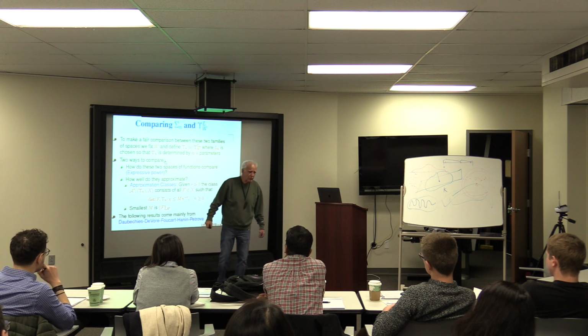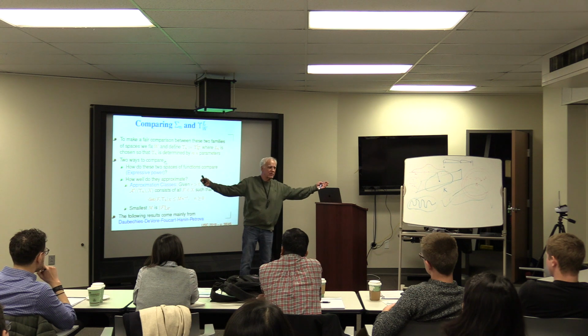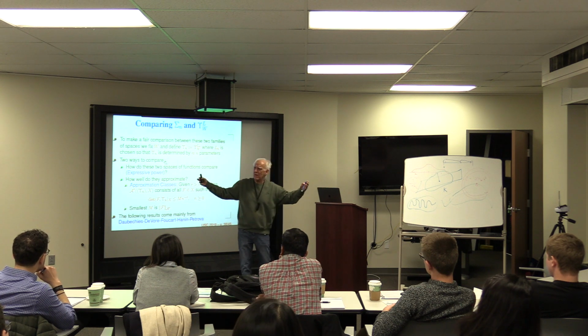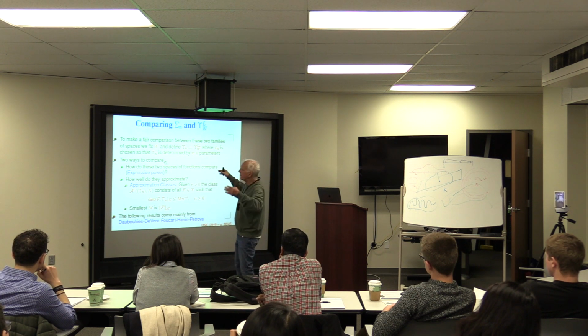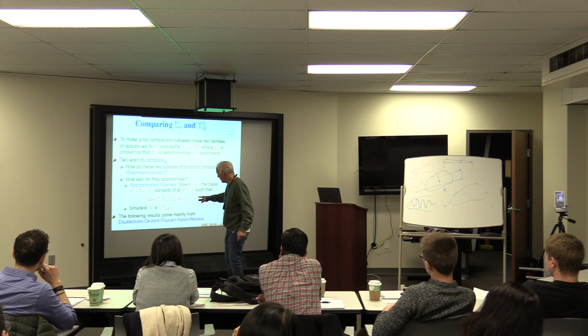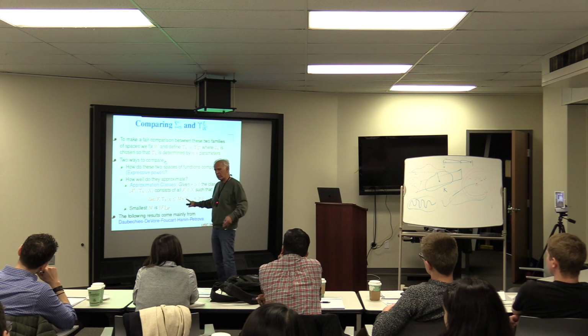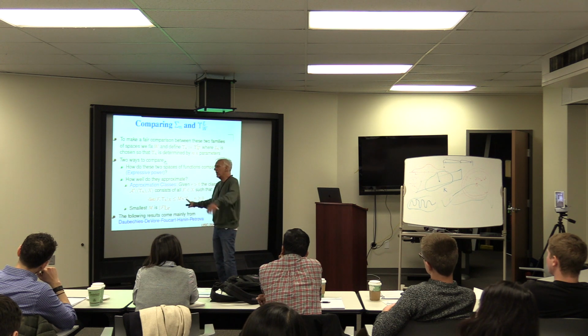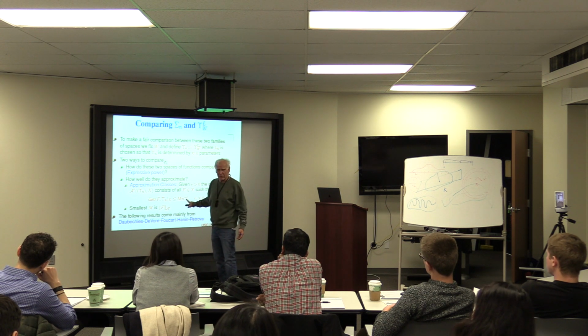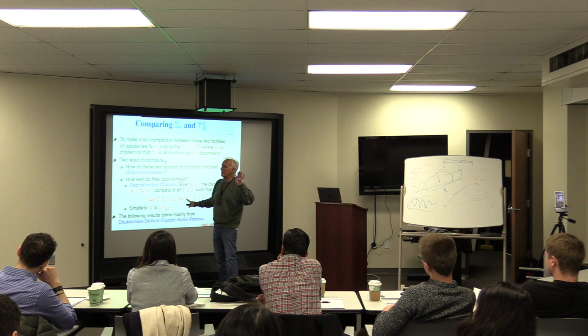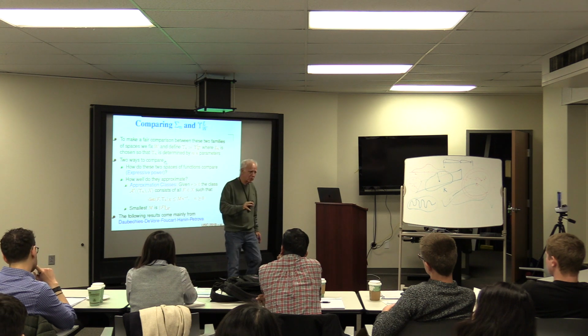If my class for upsilon n is a lot bigger than sigma n, then I'm doing better, because I'm not only approximating all the functions sigma n could approximate with this rate, I'm still approximating with that rate, but I have a whole bunch of new functions that I'm approximating with this rate that sigma n couldn't. So you would say, I'm doing better. Okay, so that's the kind of theorems I'm looking for.